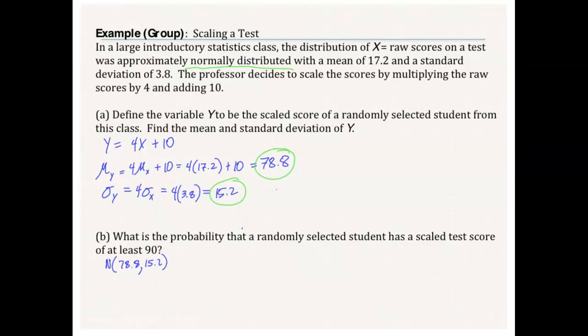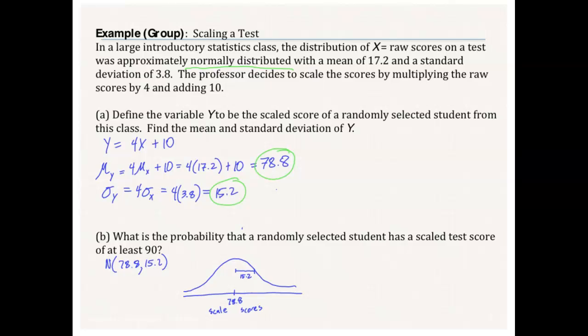So I'm just going to sketch that out for myself here. This is my scale scores. My mean is here at 78.8. Got that standard deviation of 15.2. And they said at least 90.